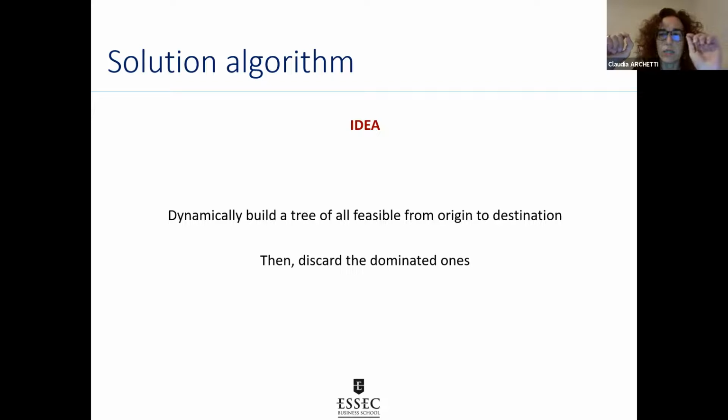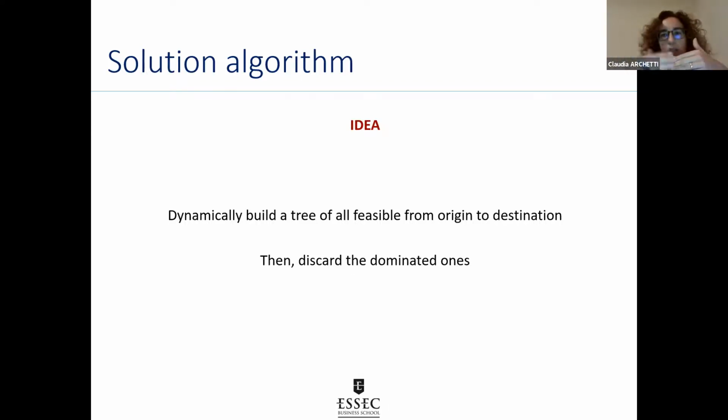We start from the origin and we dynamically build and construct partial paths that go from the origin to the destination. So we analyze multiple partial paths, feasible paths, and we construct all of them dynamically.